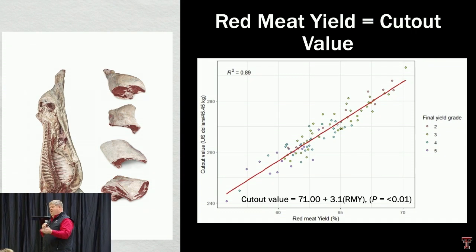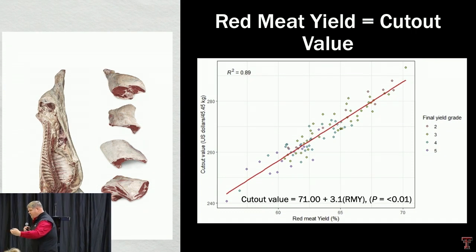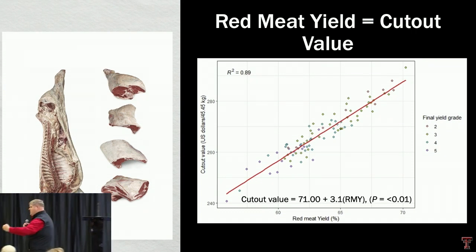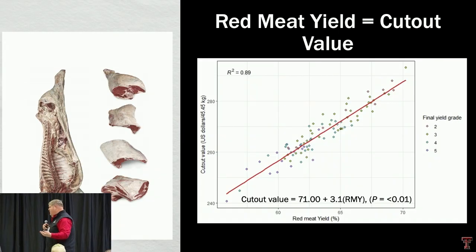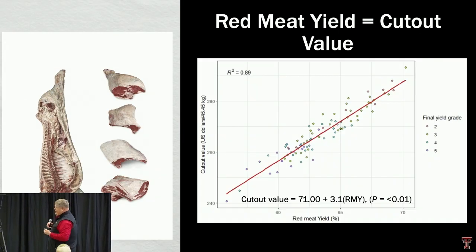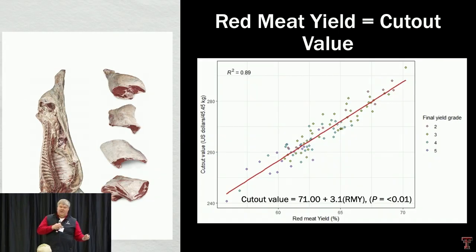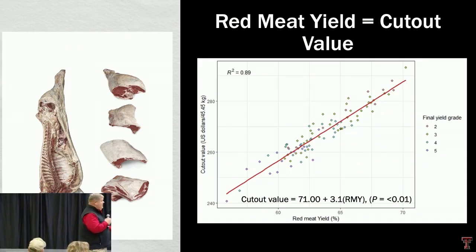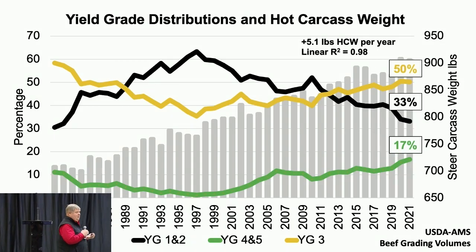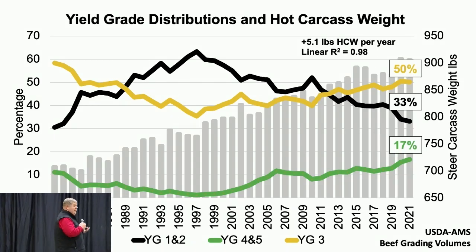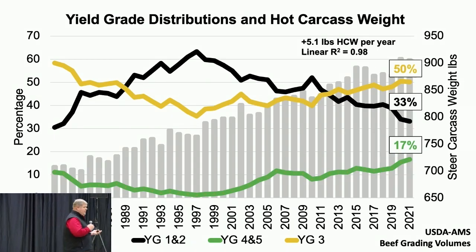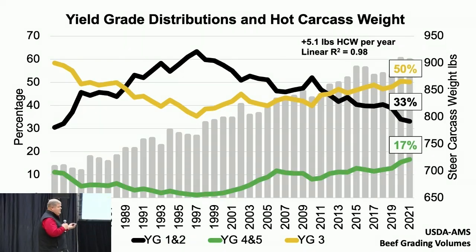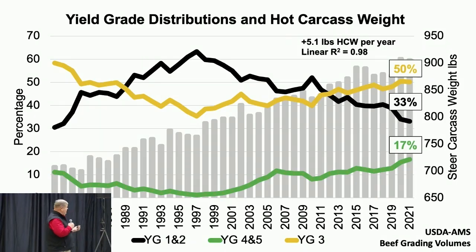So when we take carcasses and we cut them up and we put them into a box, we sell them out to wholesalers, consumers, et cetera, we've got an 89% relationship between true red meat yield and true value, or saleable value. So these data just say, hey, we need to get to where we can do this accurately, and then it will mean something to us. Okay, so that's where we're headed. We need to do this more efficiently, more accurately.